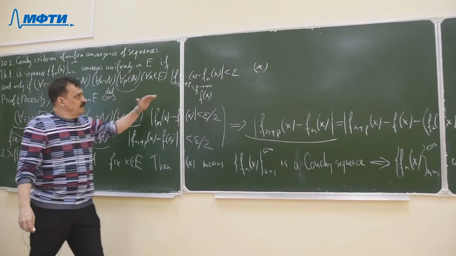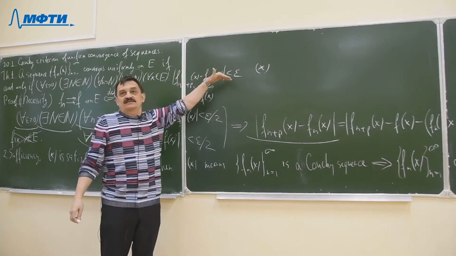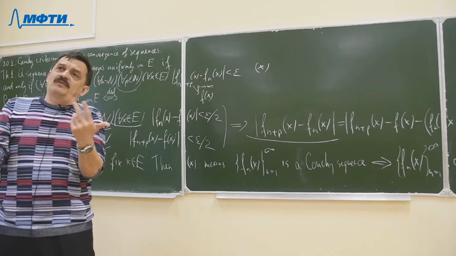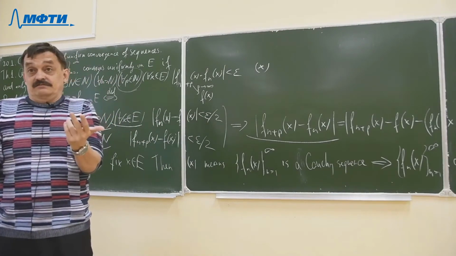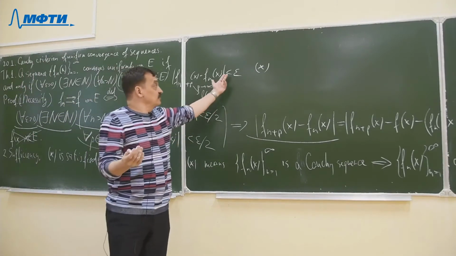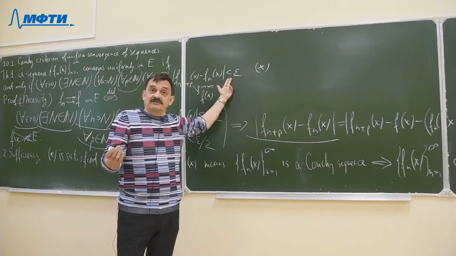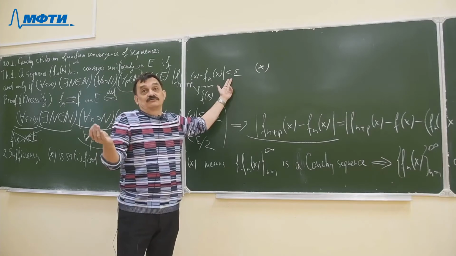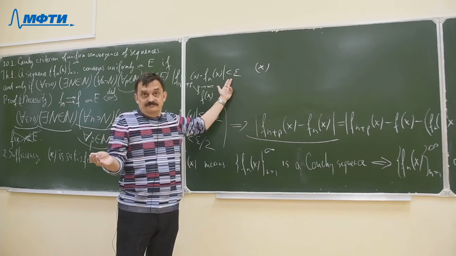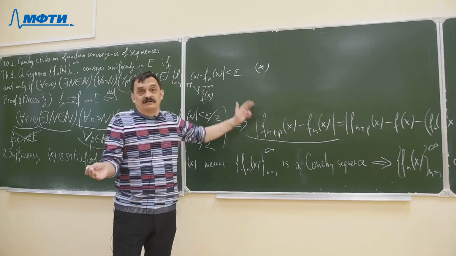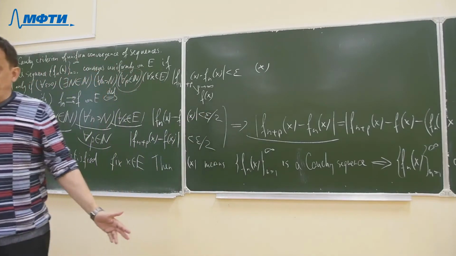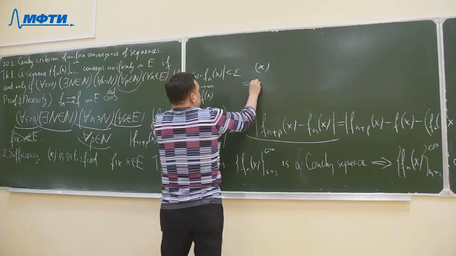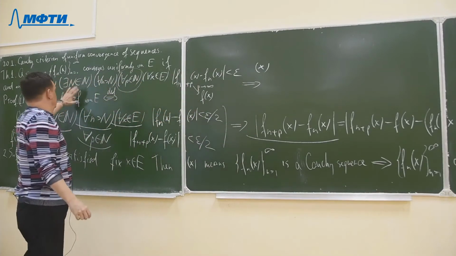And we know that we can take limits in inequalities. Inequalities are preserved up to non-strict, right? So if we have a strict inequality, then after taking the limit, it may be transformed into a non-strict one. We cannot guarantee that strict inequality will be preserved. That's impossible. So, what we obtain, let me rewrite once again.